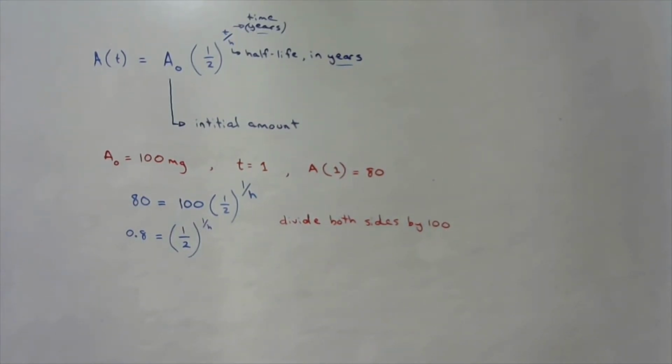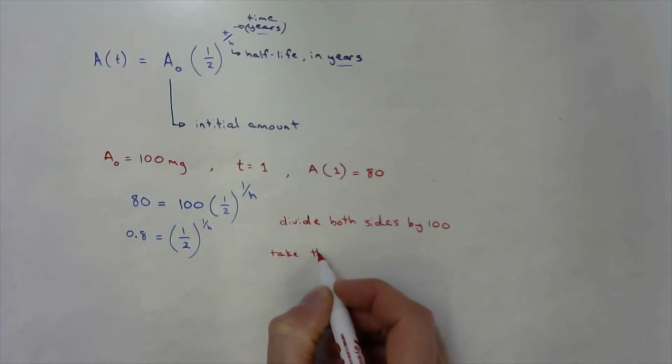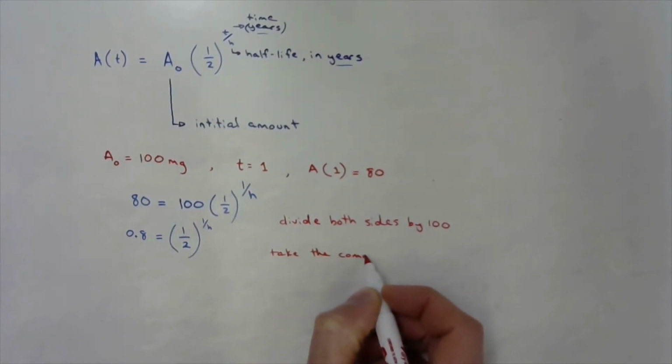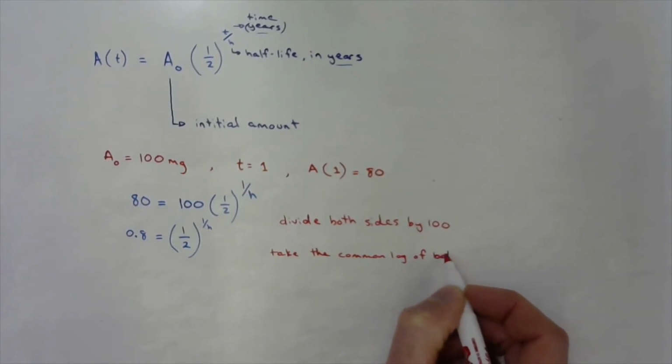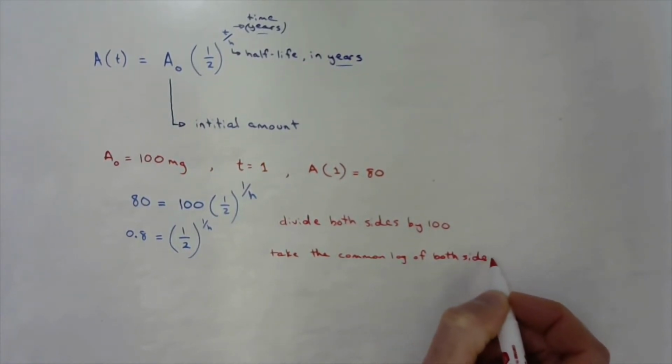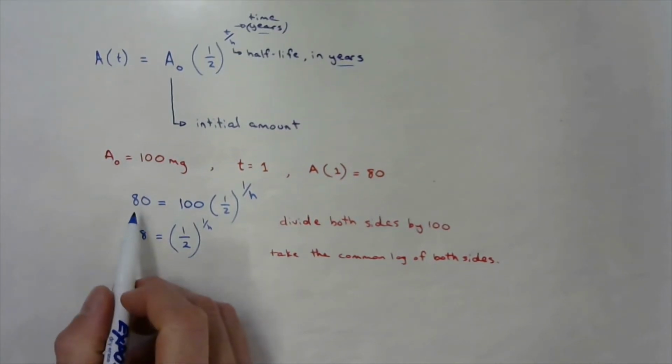Now what? My variable is in my exponent. Well, we can use a logarithm. We take the common log of both sides. 1 over h is equal to a logarithm of 0.8 to the base of 1/2.